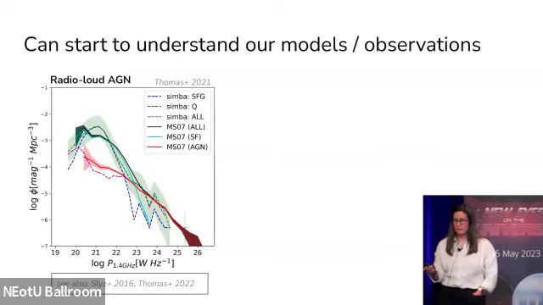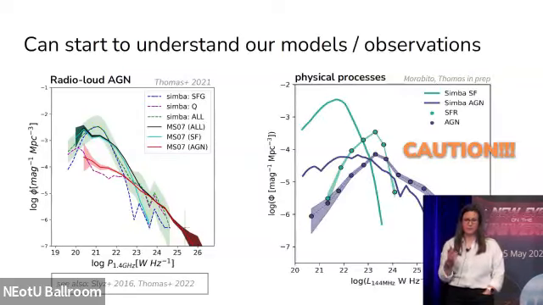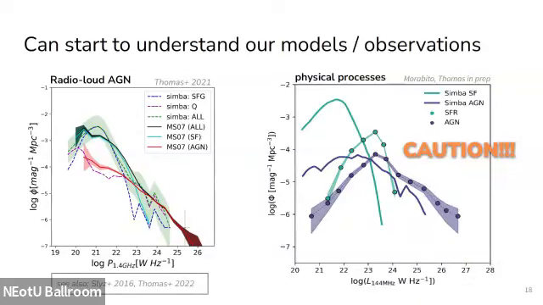But with the separation of AGN and star formation, which you can do with the LOFAR VLBI brightness temperature identification of AGN, you can start doing this comparison for physical processes rather than populations of galaxies, which is really exciting. So this plot here on the right, please take with a grain of salt, caution, caution. It's very preliminary, but is very exciting for helping improve our theoretical understanding of the radio population.